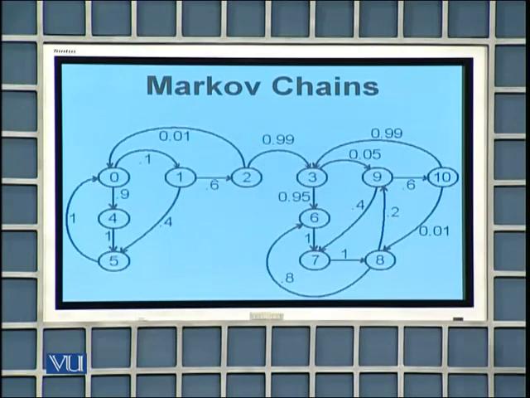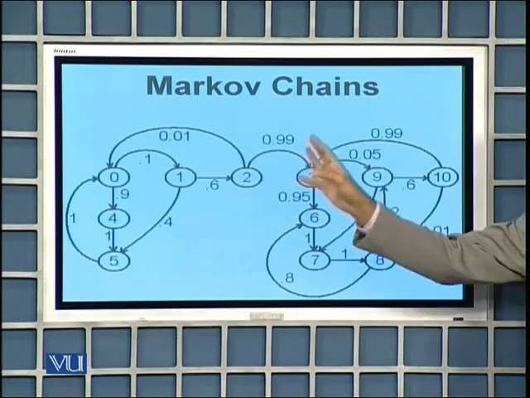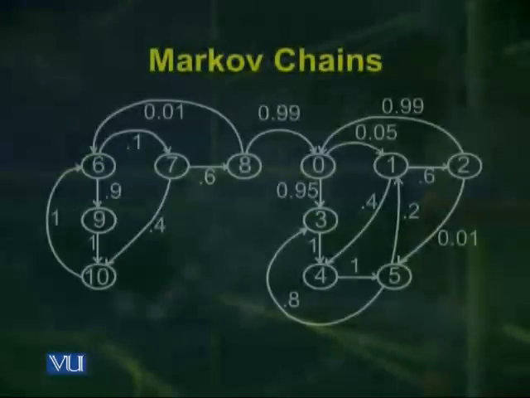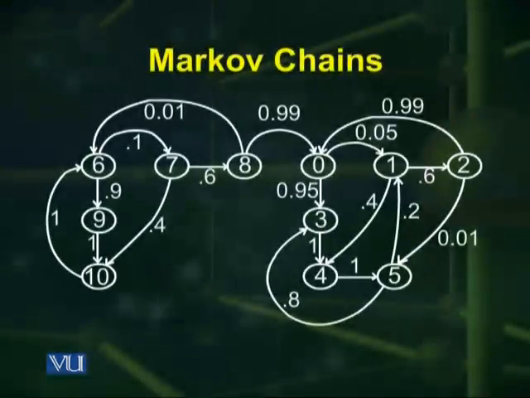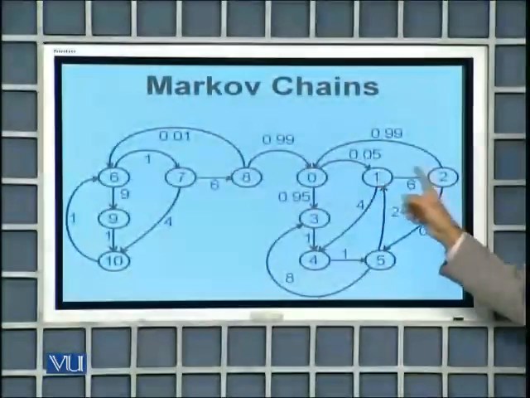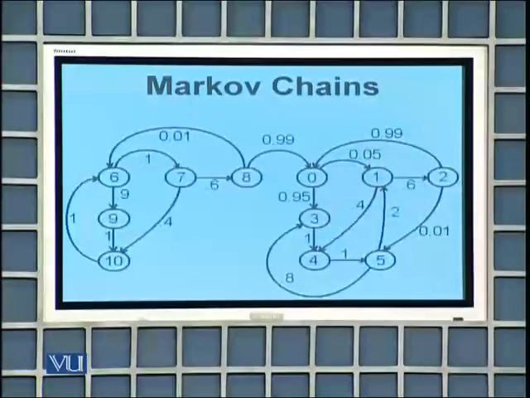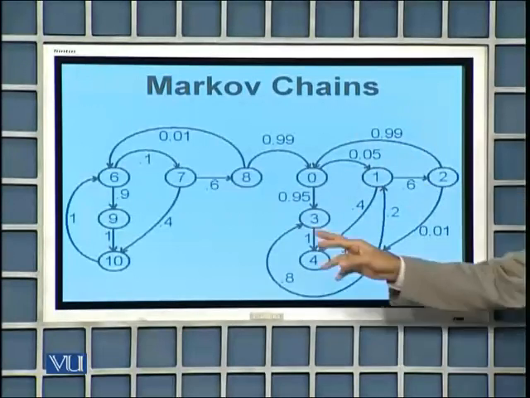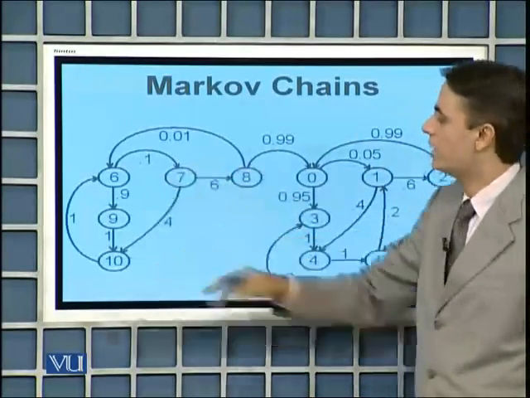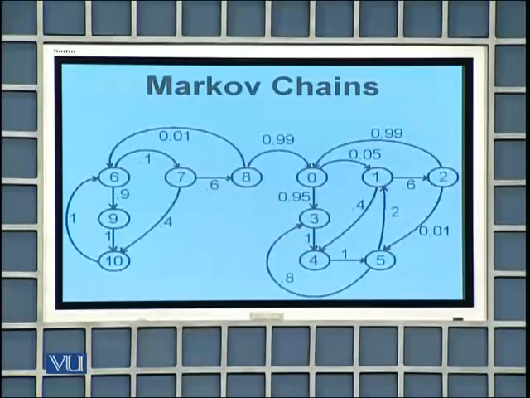But I have told you that we usually label recurrent states starting with 0, and we label transient states with higher numbers. So if we rearrange these groups, then states 0, 1, 2, 3, 4, 5 represent the recurrent group, and states 6, 7, 8, 9 and 10 represent transient states.